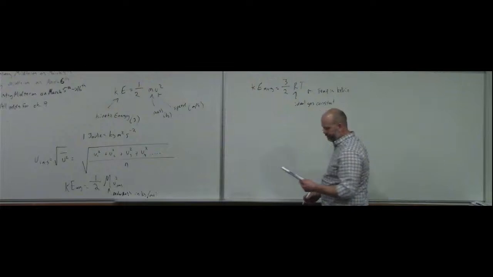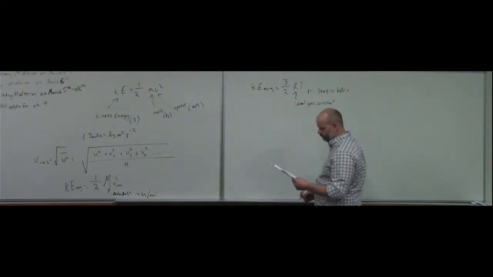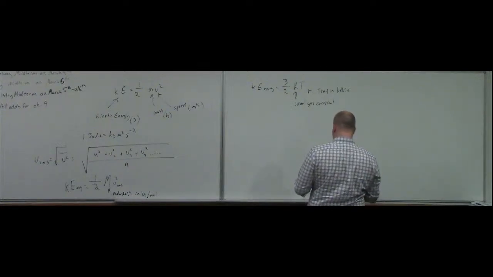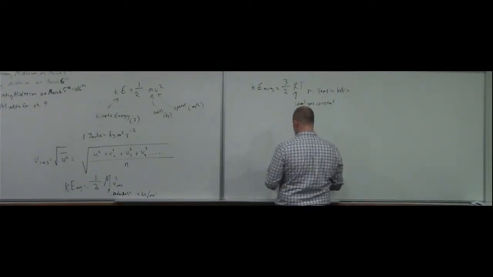When used in this equation, the appropriate form of the ideal gas constant is 8.314 joules per mole degree Kelvin.